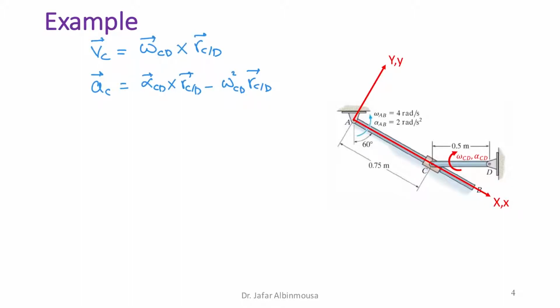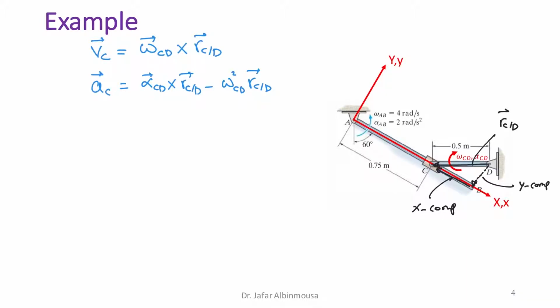This position vector, as we explained before, is going from D all the way to C. This is RC with respect to D. So if I want to write the components, this is the j component, and this is the i component.